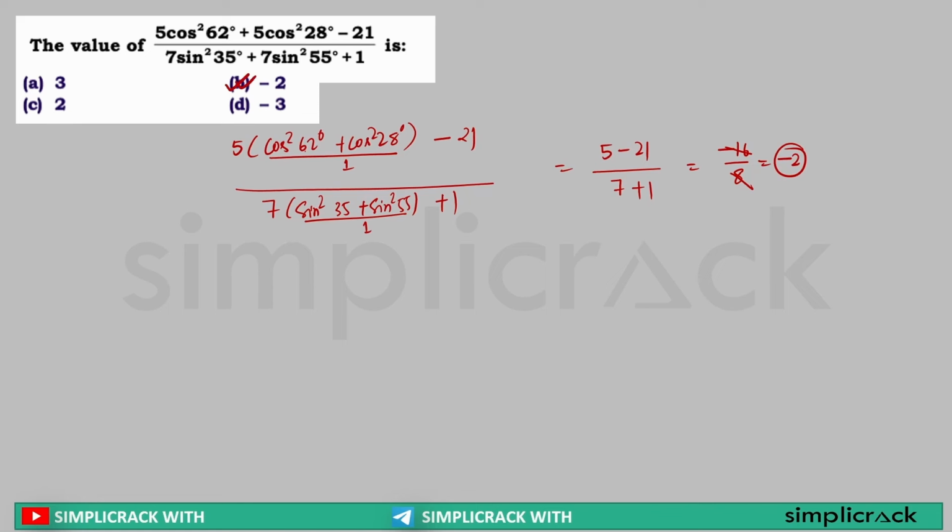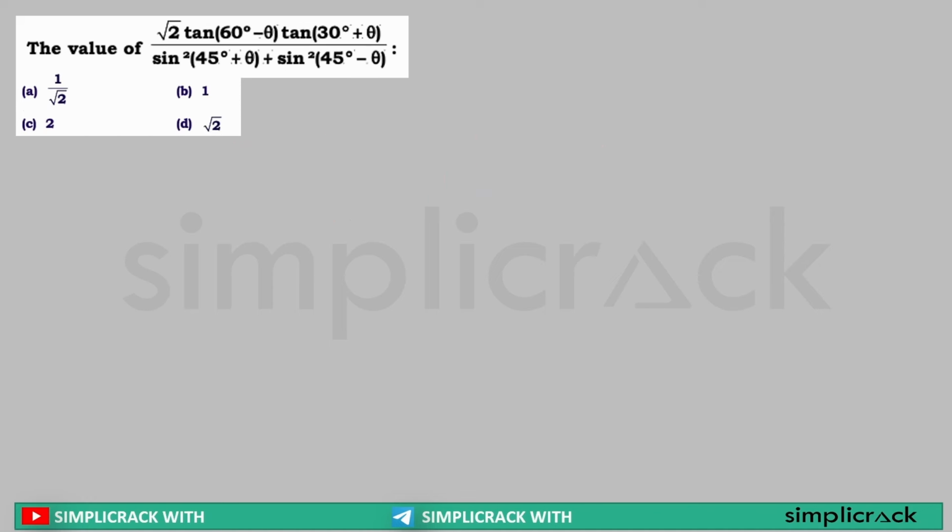Clear? Yes or no? Sorted? Next. Sir, it is saying tan of 60 degree minus theta into tan of 30 degree plus theta. What I have told you, if alpha plus beta is equal to 90 degree, tan alpha into tan beta will be 1.